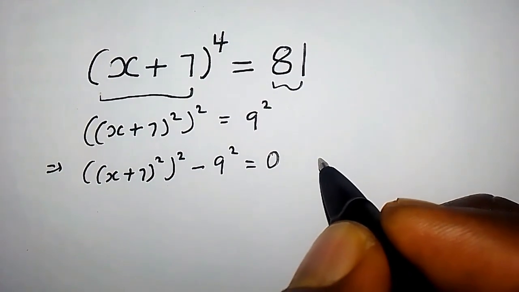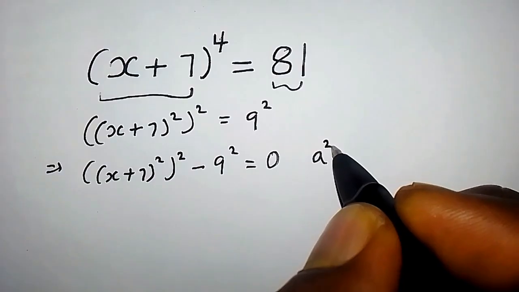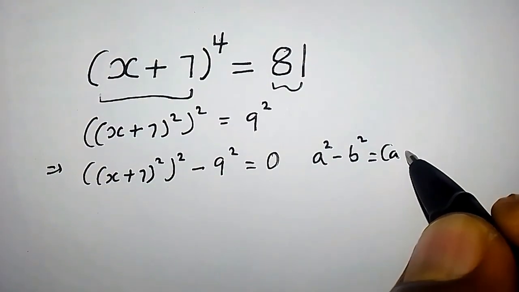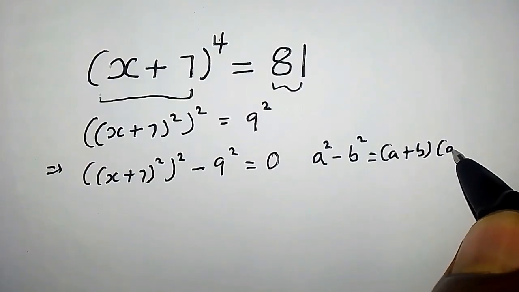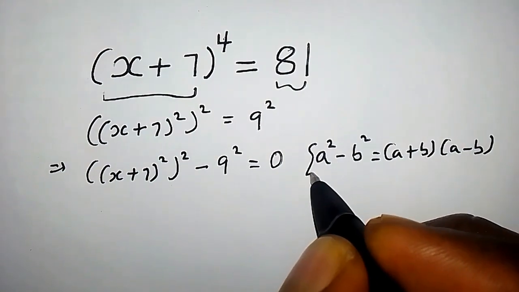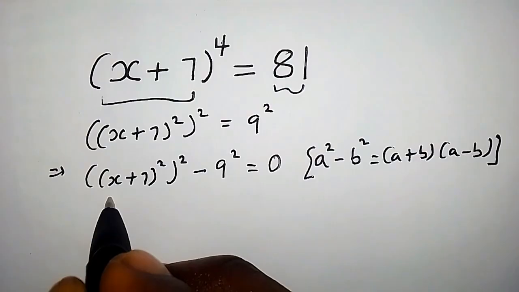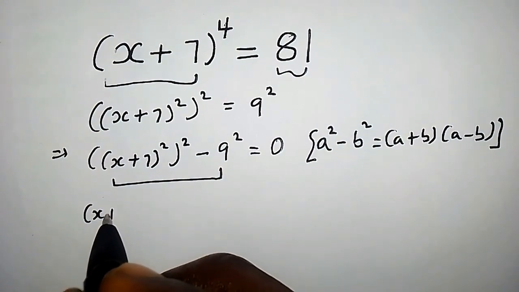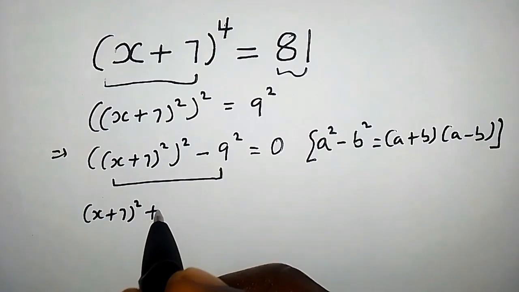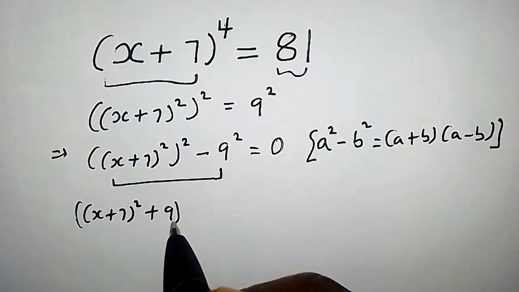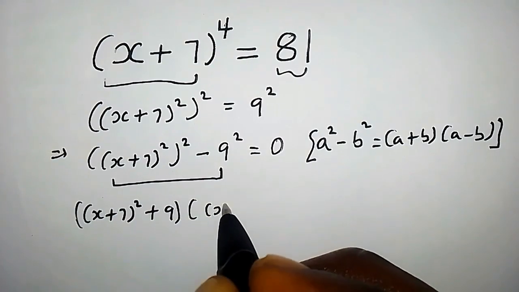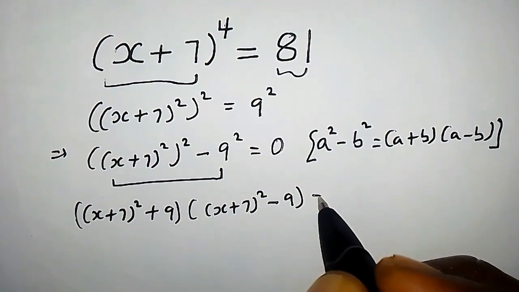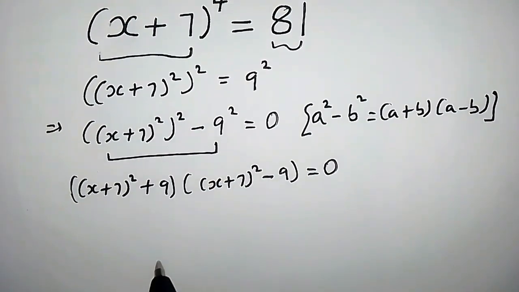Now, recall that a² minus b² is equal to (a + b) times (a - b). Applying this identity, we simply have ((x + 7)² + 9) times ((x + 7)² - 9) equal to 0. Let's proceed further.